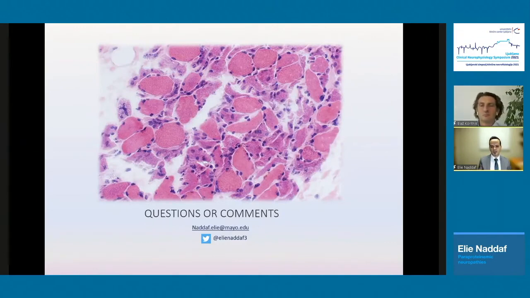For instance, in the lower limb, a conduction velocity of 35 meters per second, 38 meters per second, is not demyelinating. It's still due to axonal loss. But a demyelinating neuropathy, you should not have in any type of amyloidosis.